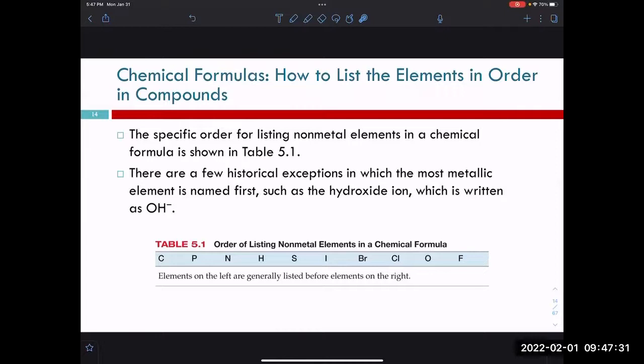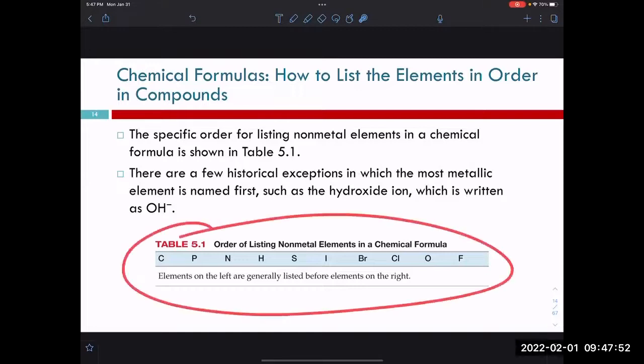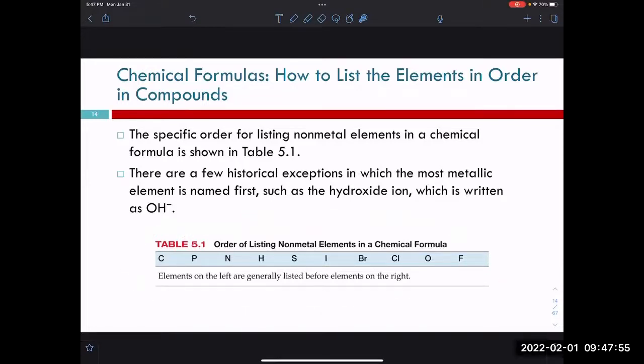I think the one exception that we'll really have is hydroxide, which we won't talk about too much until later. That's where oxygen is written before hydrogen, and that's just a historical exemption. Probably the only one we'll cover. So if you had compounds made up from carbon and phosphorus, you'd write the carbon first and the phosphorus second. If you had nitrogen and iodine, it would be nitrogen and then iodine, not the other way around.